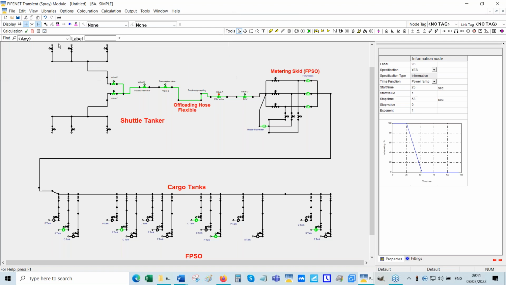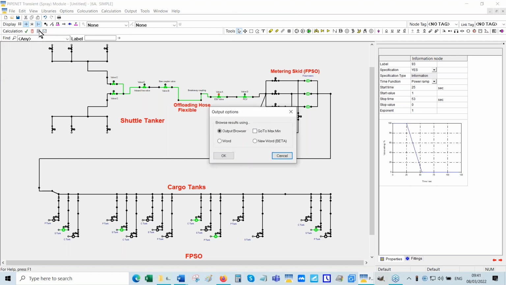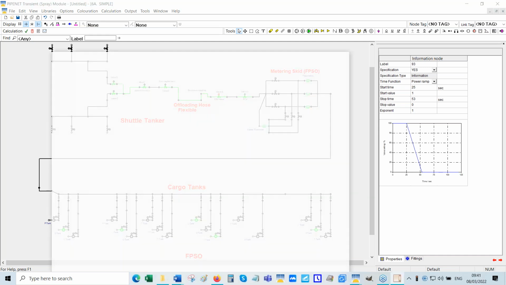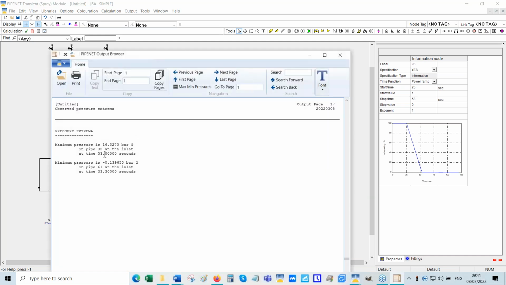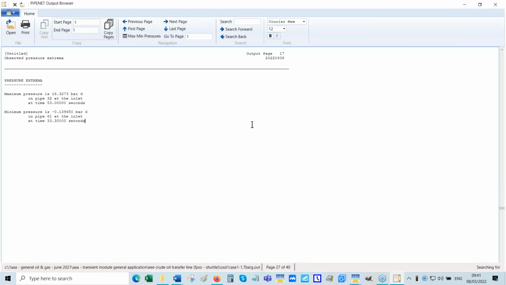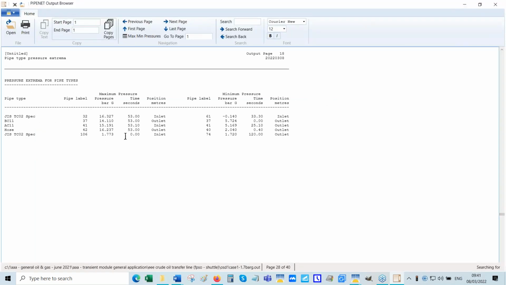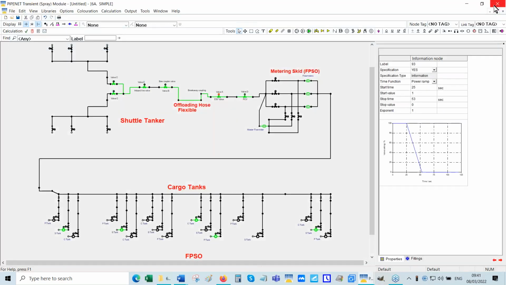It's a very, very simple approach. See the maximum going right down. The hose is within its rated pressure. It's very, very simple.